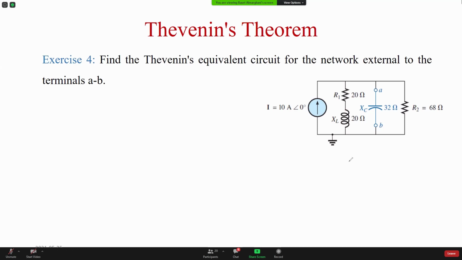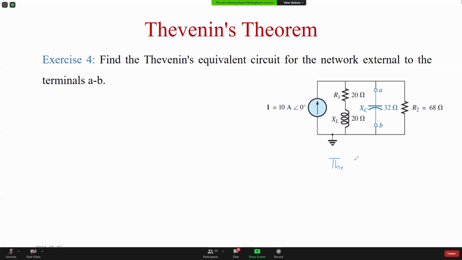Okay, so the solution, the last step in the question, will be finding the Thevenin equivalent circuit. This is what the question says, external to the terminals. So what is between the terminals is not included.